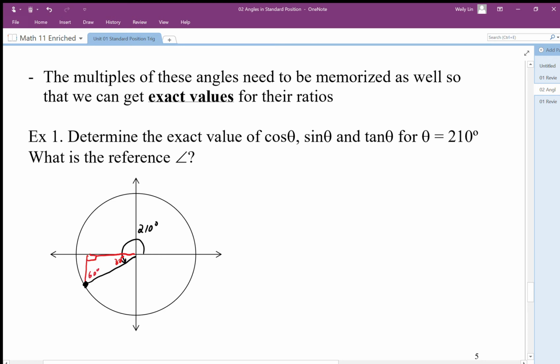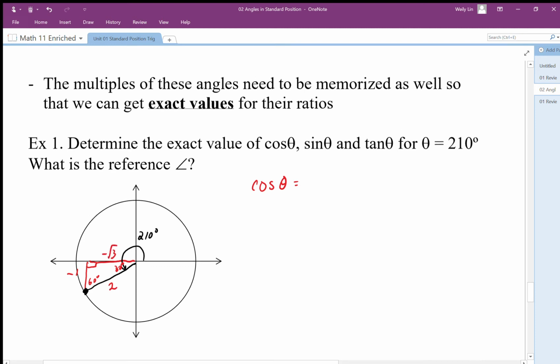And to be able to find the trig values for this, we don't use our calculator. Although a calculator gives us the same decimal values, we're going to keep it in exact values. So for example, cosine of theta then works out to be, well, cosine, this triangle is going to have -1 to -√3.